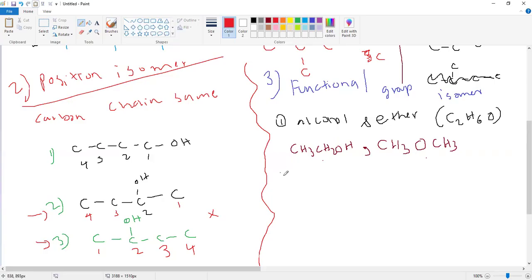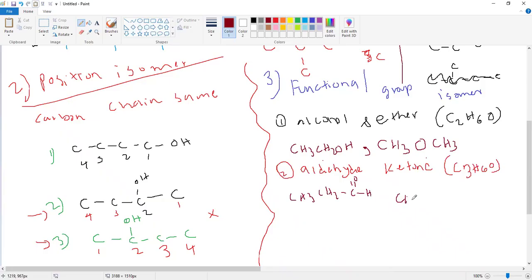Okay. Then likewise, we have another pair also. Aldehyde and ketone are also functional group isomers. Now look at this. We'll take the molecular formula C3H6O. Now for this molecular formula, I can draw an aldehyde, CH3CH2CHO, and a ketone, CH3COCH3.